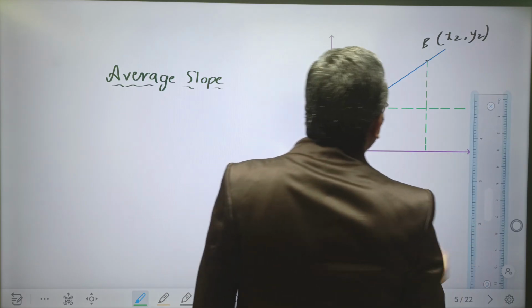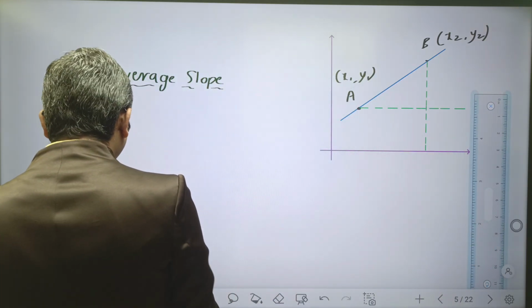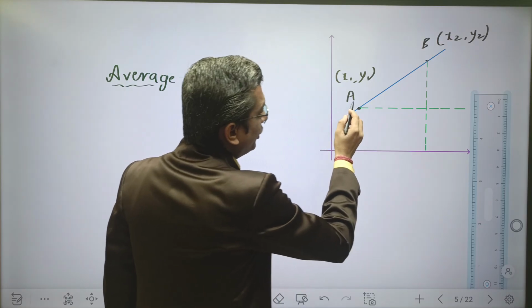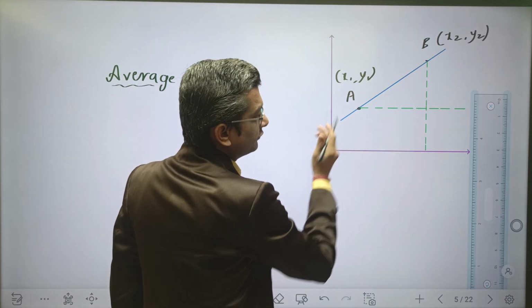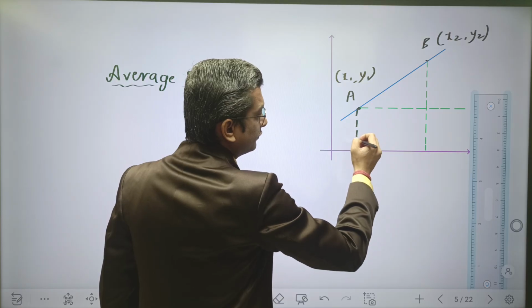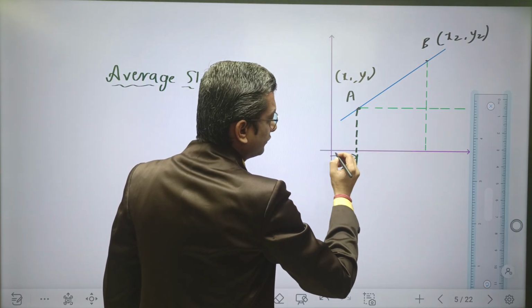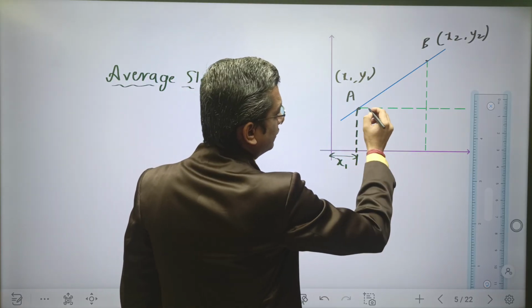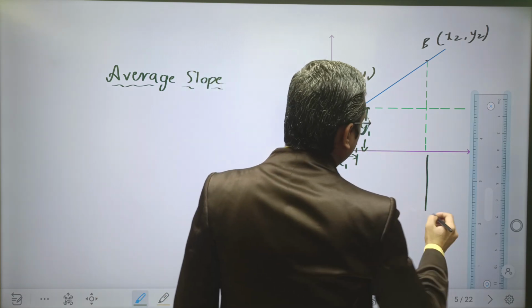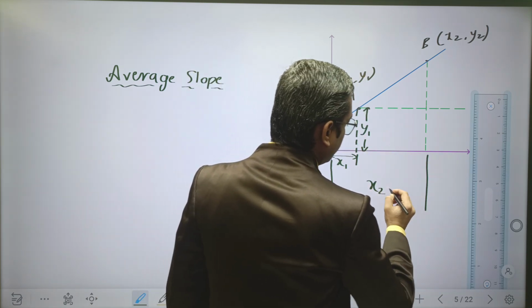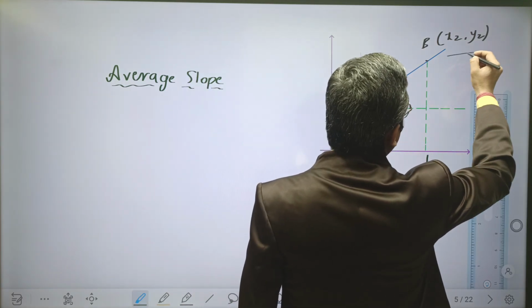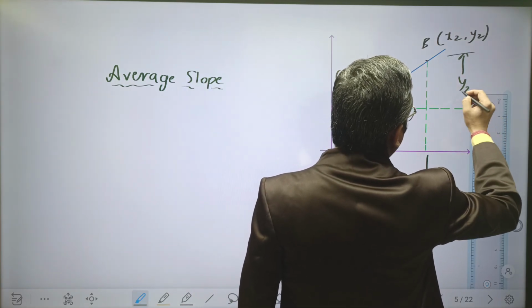So the distance will be like this is x1. To locate point A, we must move x1 distance along the x-axis and y1 distance along the y-axis. So this distance is x1, this distance is y1. Similarly, this is x2, the x coordinate of point B, and the y coordinate of point B is y2.